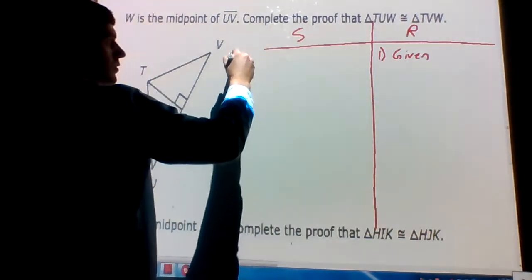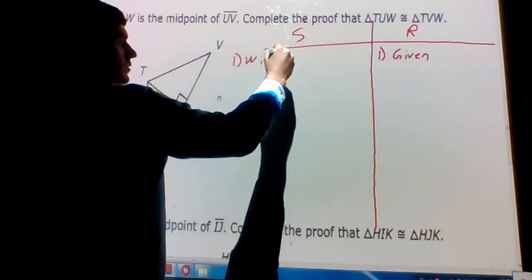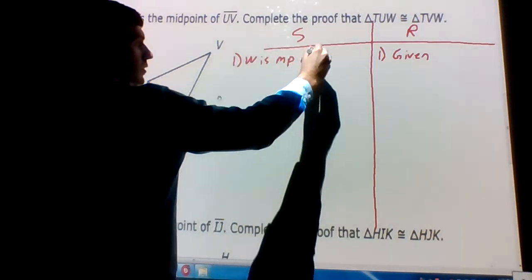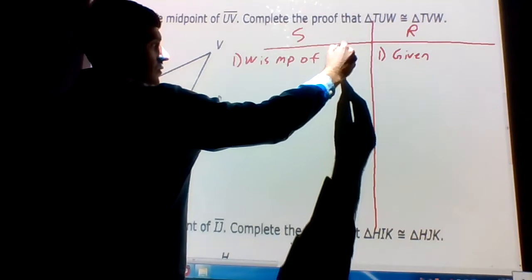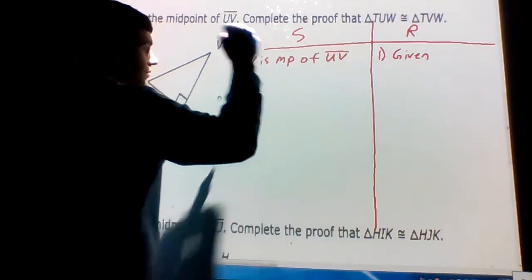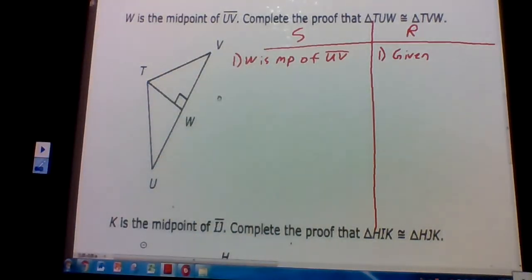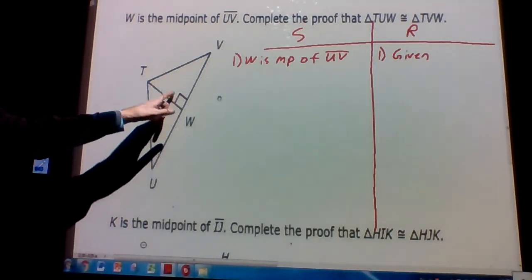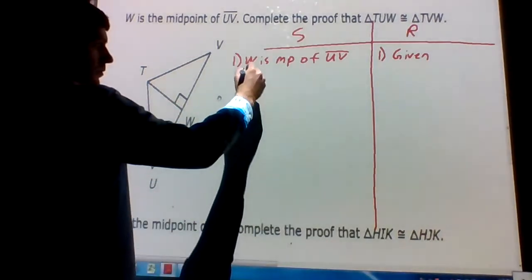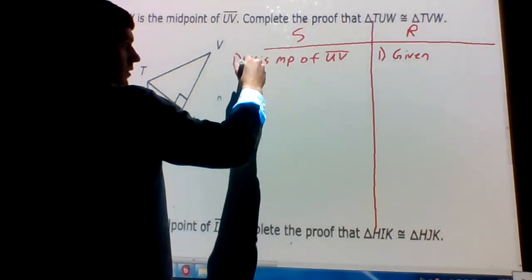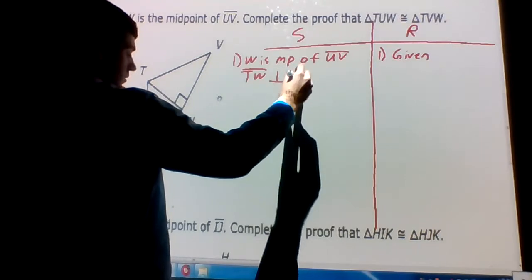You write this. W is the midpoint of UV. The other thing from the diagram, right, because this is a right angle, we know that TW is perpendicular with UV.